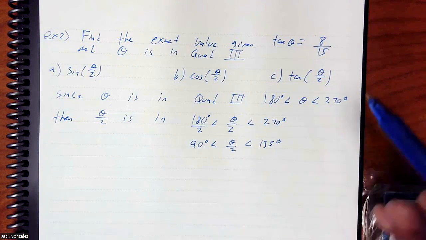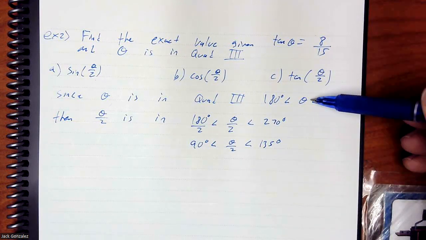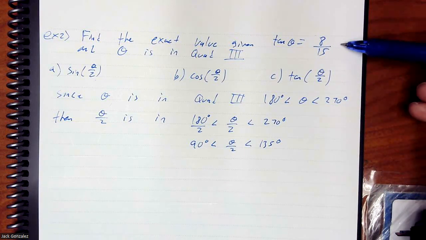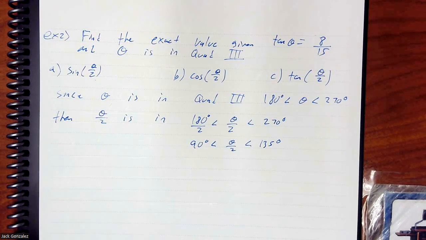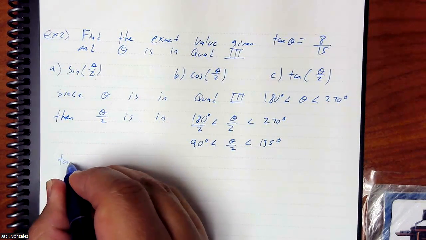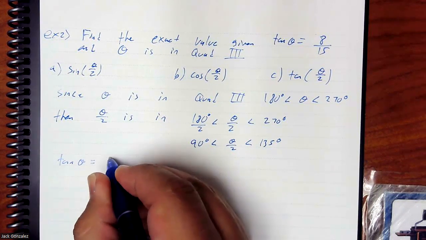It'll be based on the original, because we're gonna put theta inside the triangle, right? So it'd be based off this and this. So let's do that next. So tangent of theta is equal to 8/15.